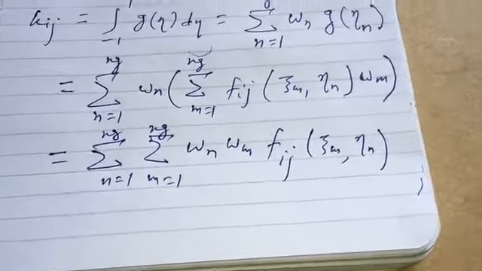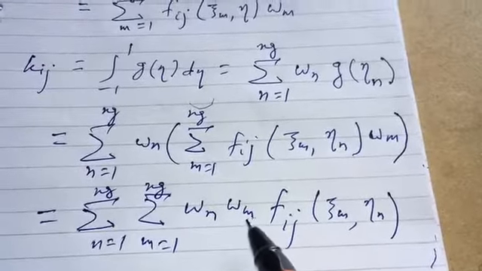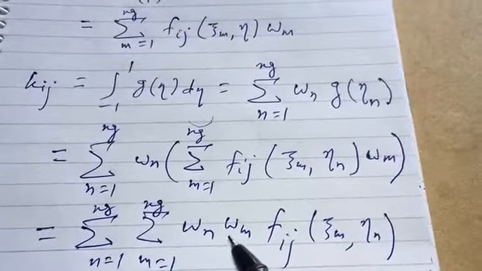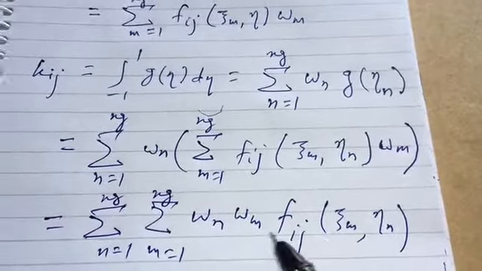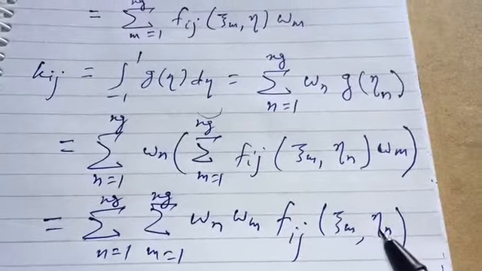So, this will be the summation of the whole thing. There will be two weights multiplied, one for the xi direction, the other for the eta direction, and then f_ij evaluated at the Gauss points.